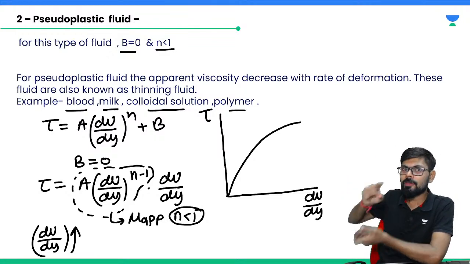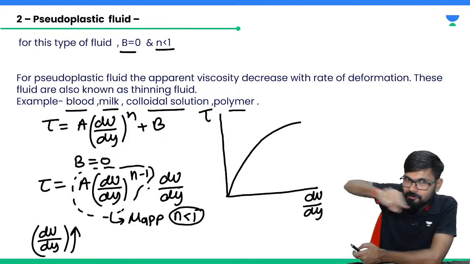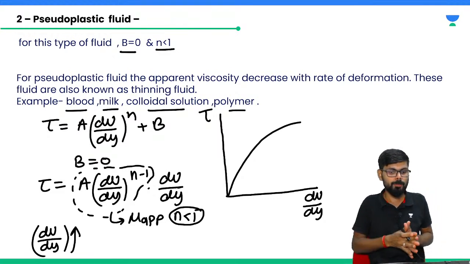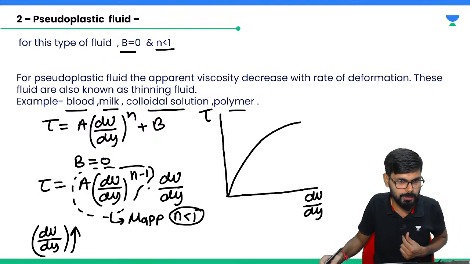If you apply slowly, the du by dy value will be less, and it will offer more resistance. If you apply fast, it will offer less resistance. This is basically for blood, milk, colloidal solution, polymer solution.